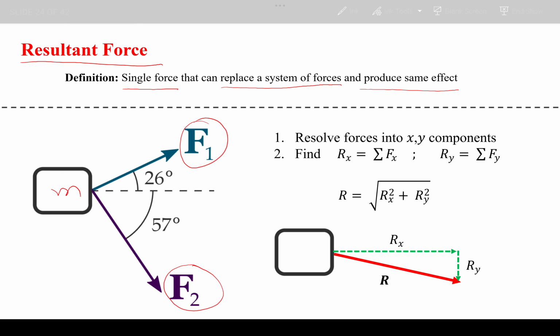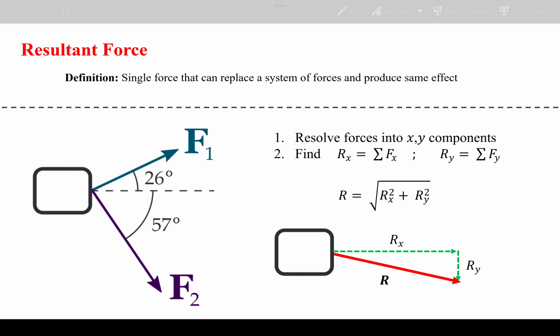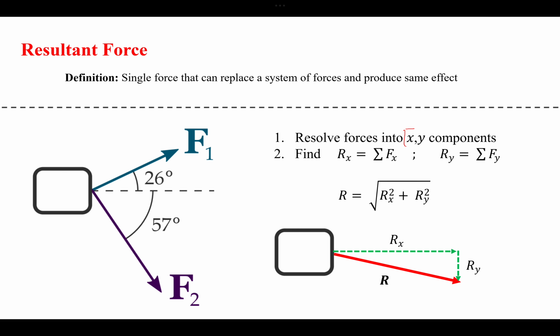All right. So there are a few basic steps that we can follow to calculate the resultant of these forces. The first step is to evaluate the x and y components, which means that each of these forces has x and y components. For instance, for F1 we have an x component which we can call F1x, and it also has a y component which we can mention as F1y.